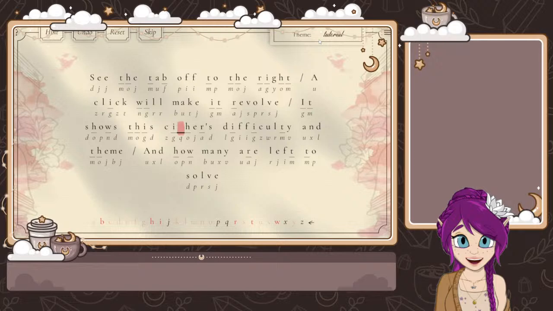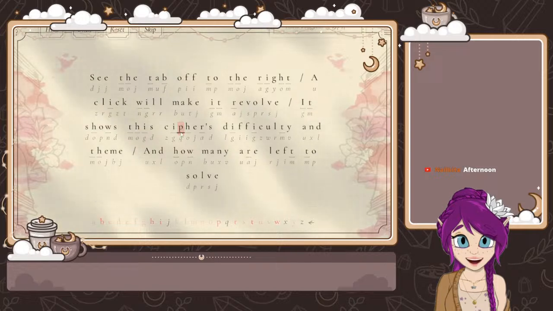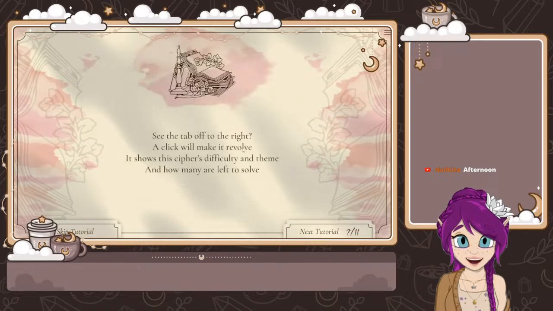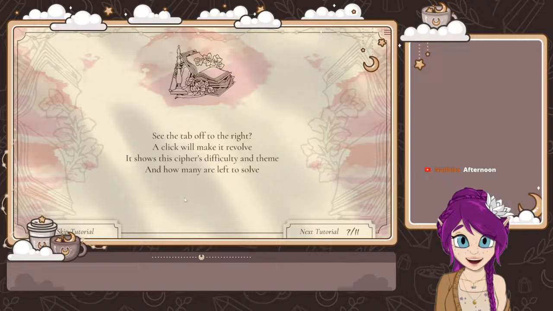So poem progress, theme, tutorial, difficulty 1. It shows the cipher's difficulty and theme and how many are left to solve.